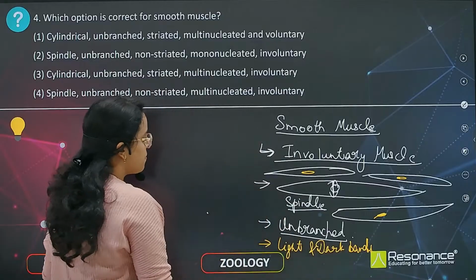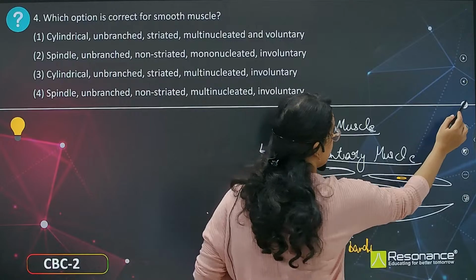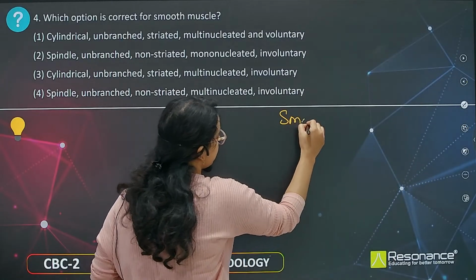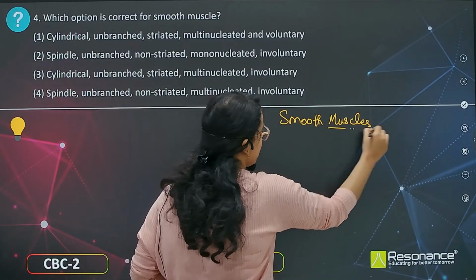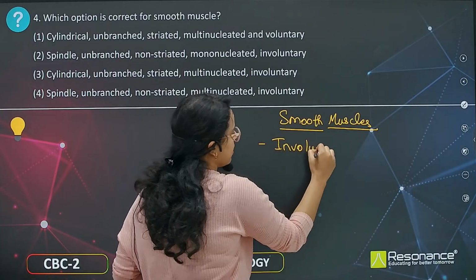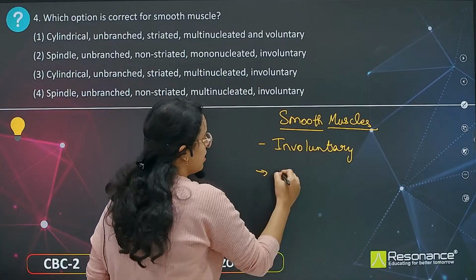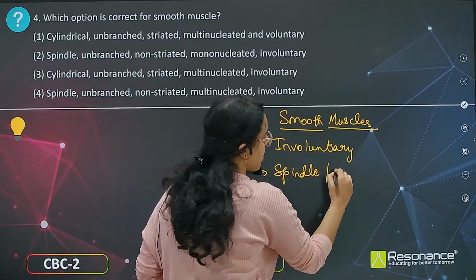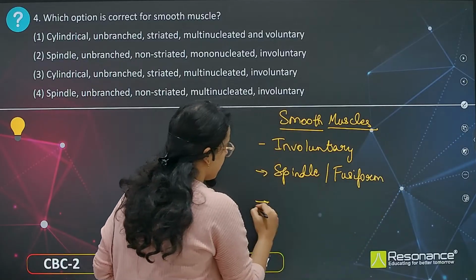So we have discussed certain points over here. Let me write them in a better way so that you can understand. Smooth muscles. What are the properties of smooth muscles? Again, repeat with me. They have involuntary function. What is the structure? Spindle-shaped. You can also call this shape fusiform.